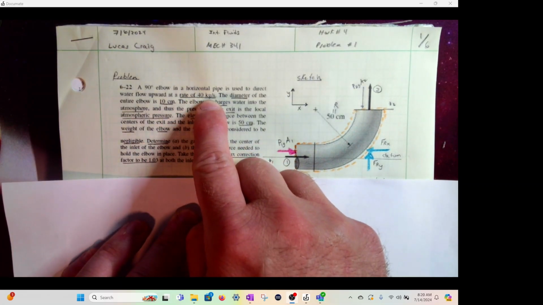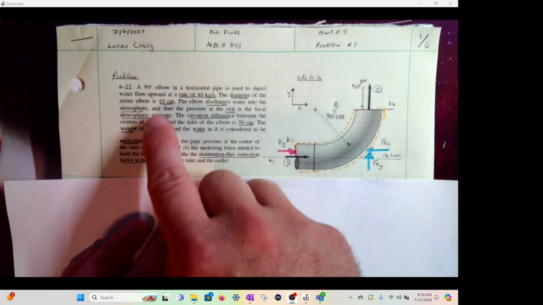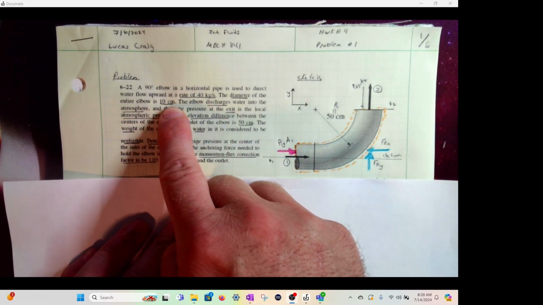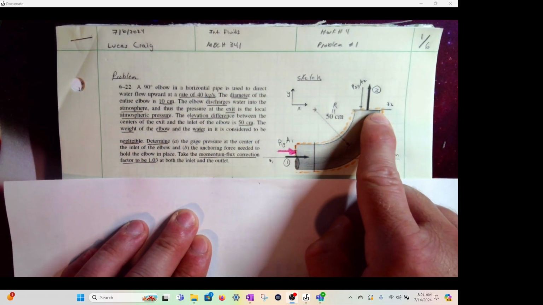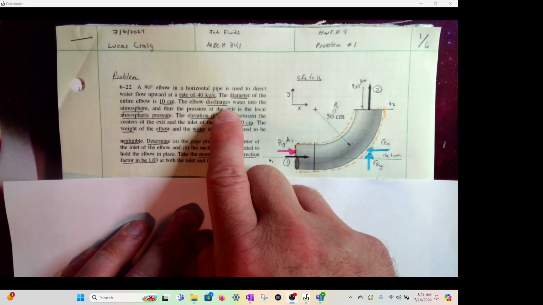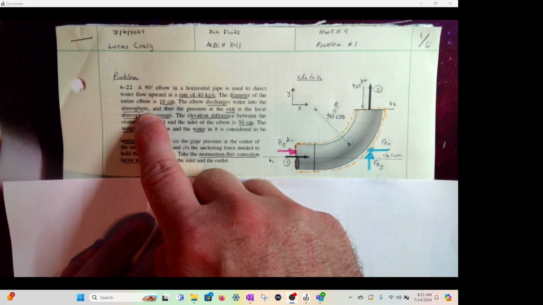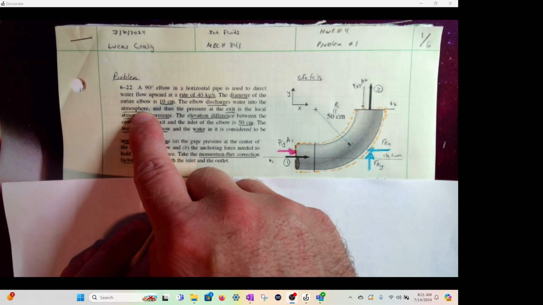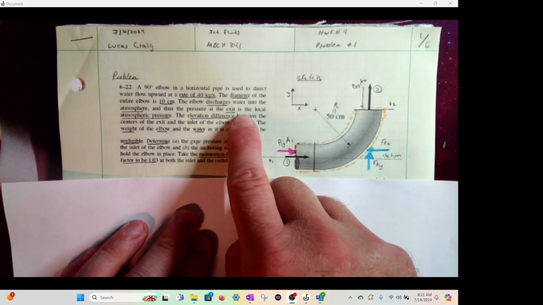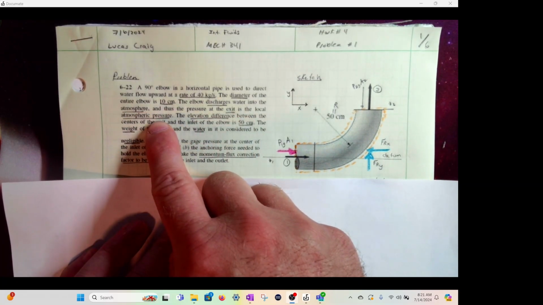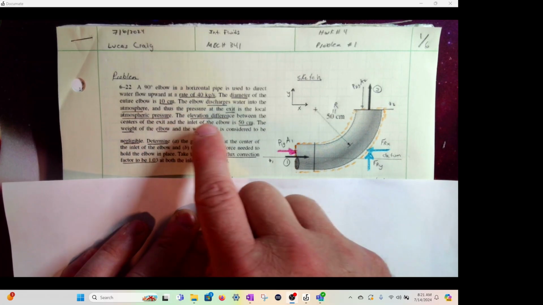That's a key thing, so I underlined it. The diameter of the entire elbow is 10 centimeters, so at 1 and 2. The elbow discharges water to the atmosphere, so we know that the gauge pressure at the exit is 0 because it's atmospheric pressure.